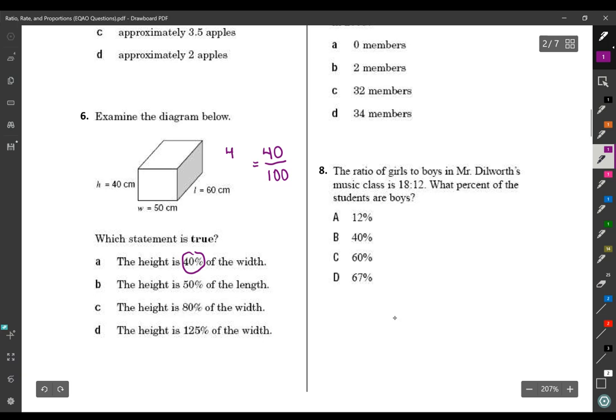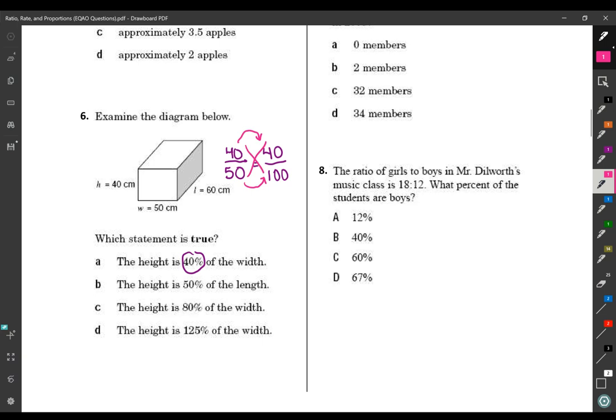So the height, which is 40, is 40% of the width. So this is the height over the width, which is 50. Well, there's no way those two are equal, right? Those can't be equal because one has a scale factor of 1, and the other has a scale factor of 2. So that cannot be true.